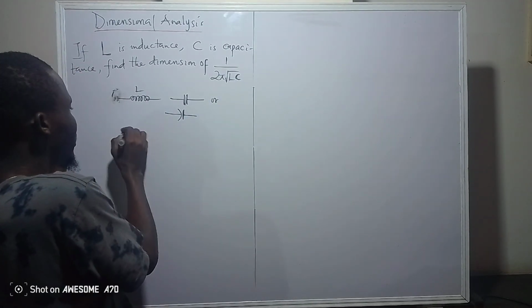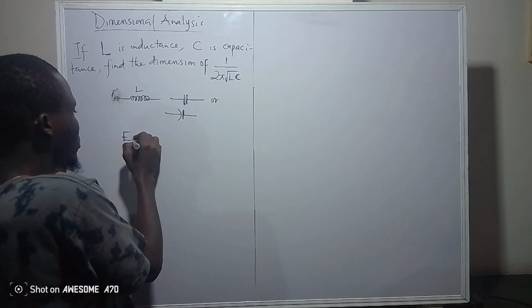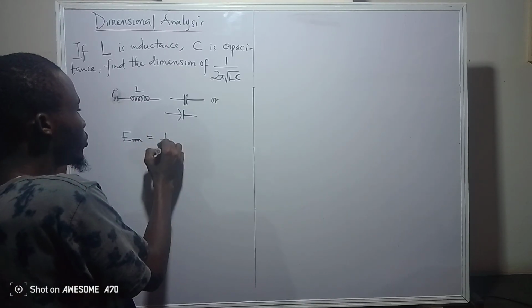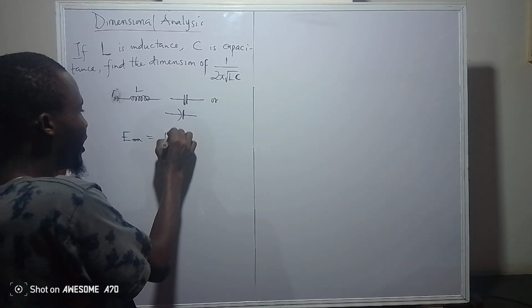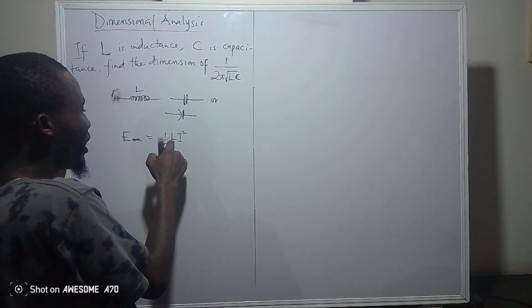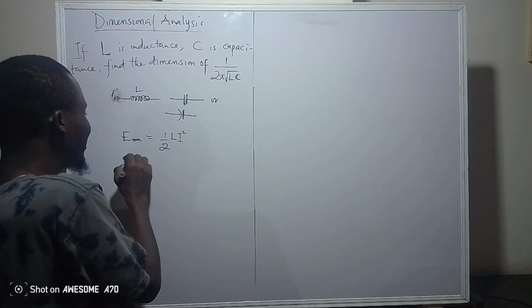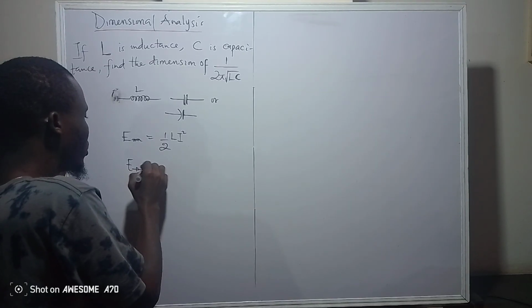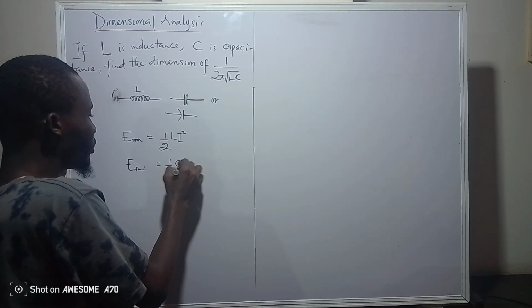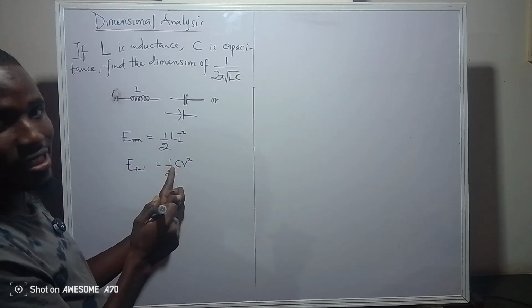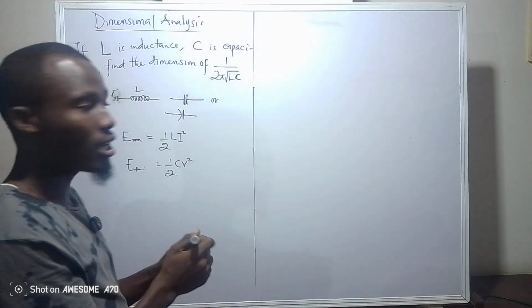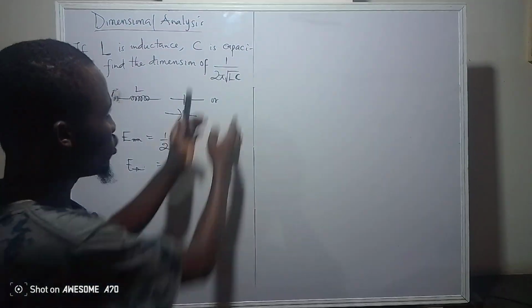So the energy stored in an inductor is 1 over 2 L i squared, where L is inductance measured in Henry, and I is current. The energy stored in a capacitor is 1 over 2 C V squared, where C is capacitance and V is potential difference. So we are going to be working with that.